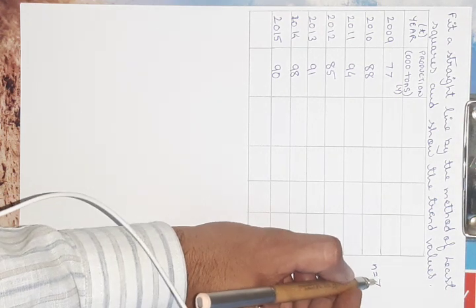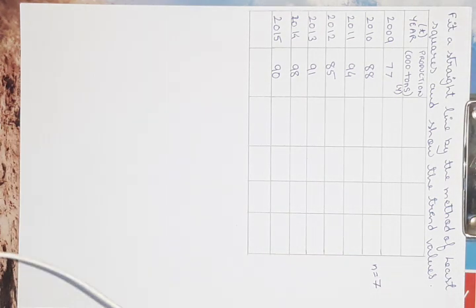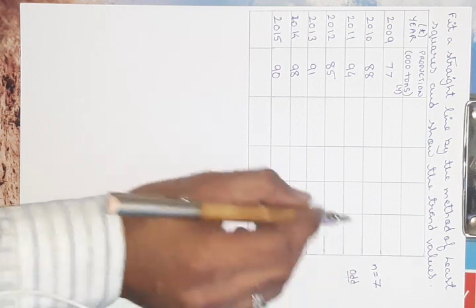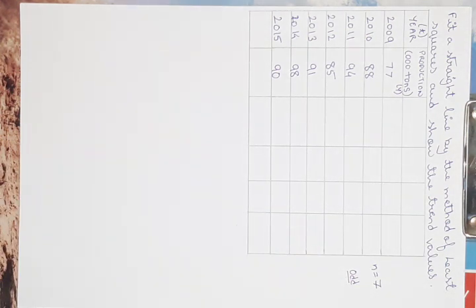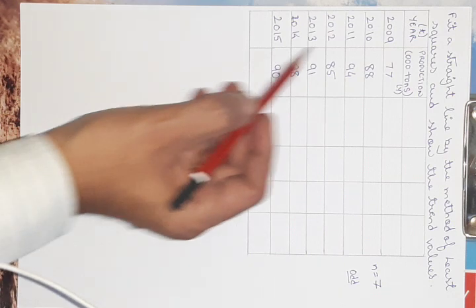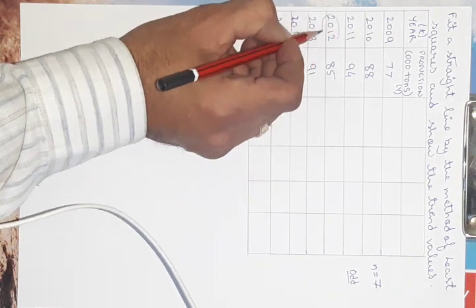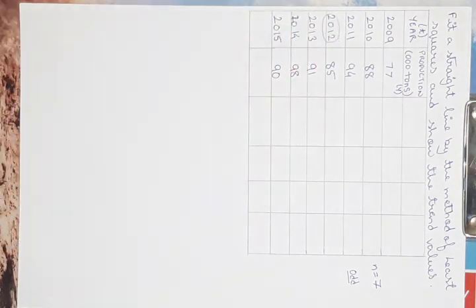So there are 7, that is an odd number of years. So we will have to select the mid value. Here the mid value comes out to be the 4th, that is 2012. So this is the mid value.